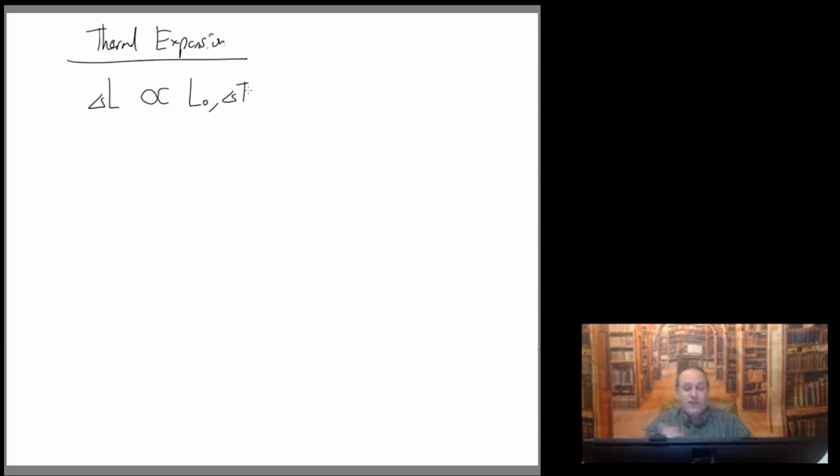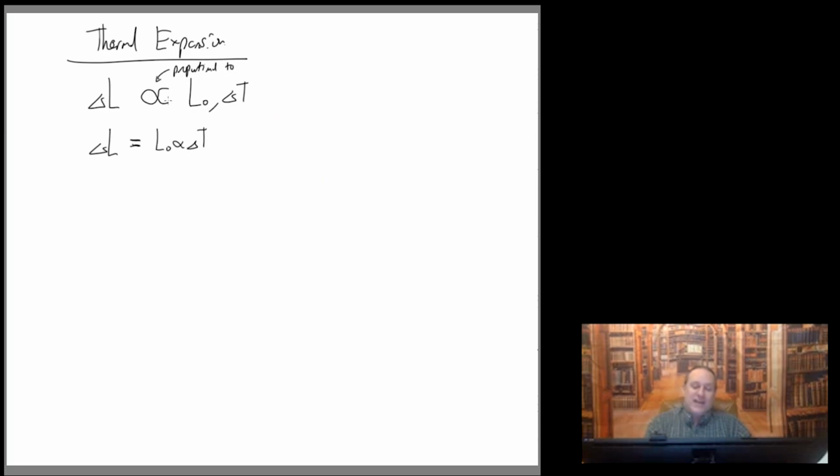Okay, so the size of delta L is proportional to the length. Remember this weird symbol is "proportional to." It's kind of like 3/4 of an infinity sign. I'm pointing that out because, in poor planning by the physics community, when we write this as equals a constant times, the constant that's used is the Greek letter alpha.